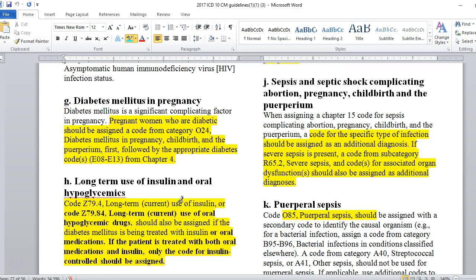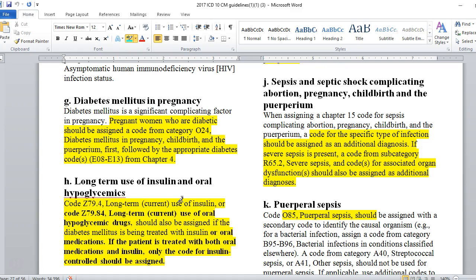Now, code Z79.4, long-term current use of insulin, or code Z79.84, long-term current use of oral hypoglycemic drugs, should also be assigned if the diabetes mellitus is being treated with insulin or oral medications. If the patient is being treated with both oral medications and insulin, only the code for insulin controlled should be assigned. So again, we're going back to our guidelines that we talked about in the endocrine system.